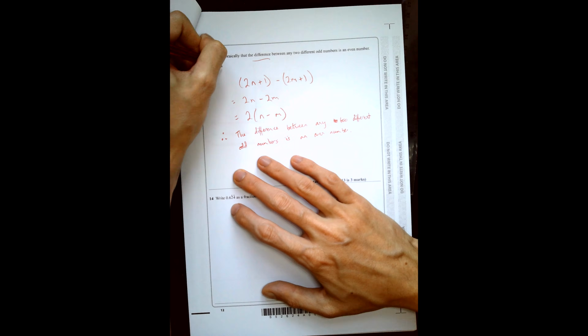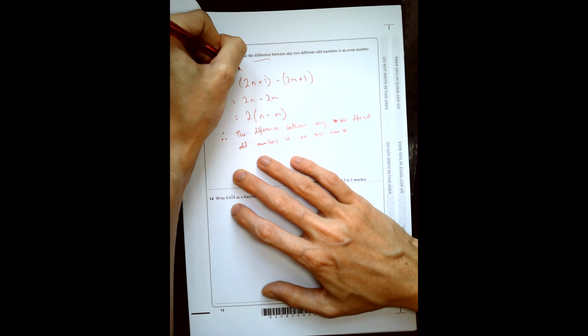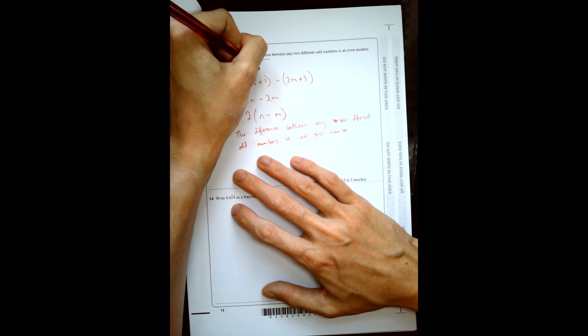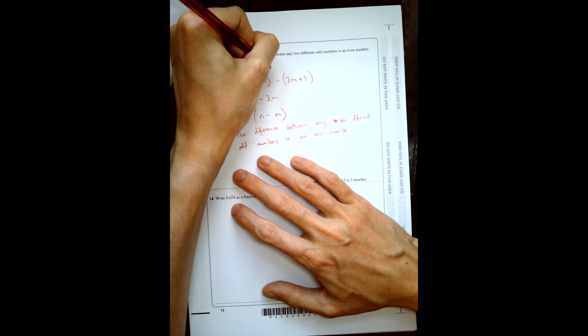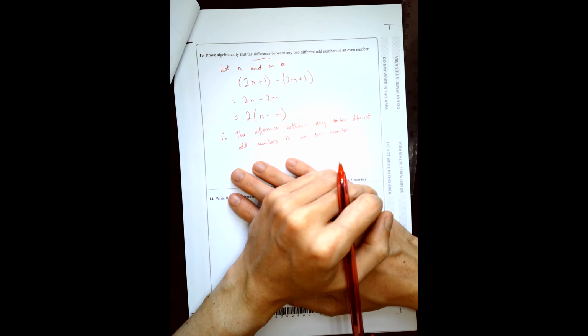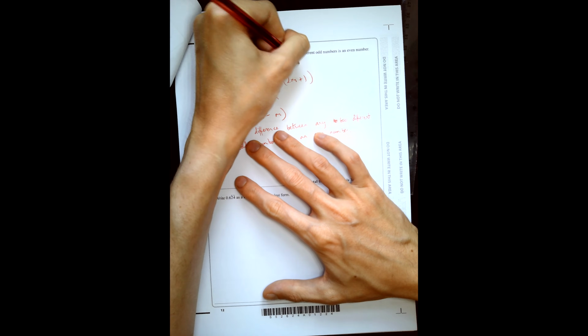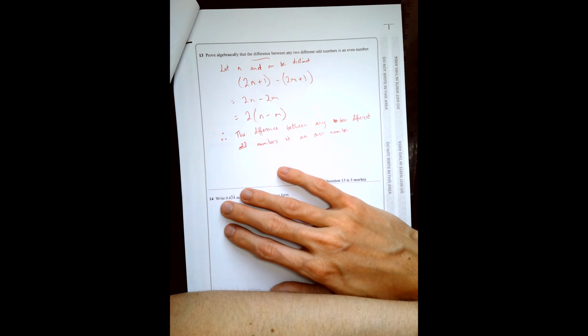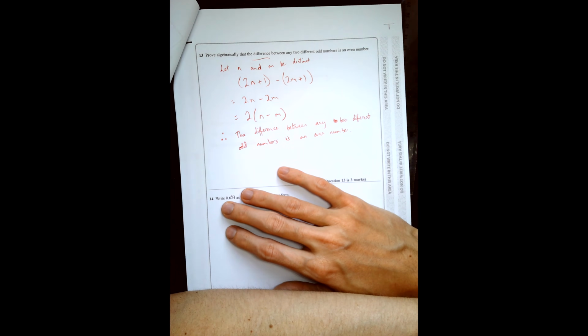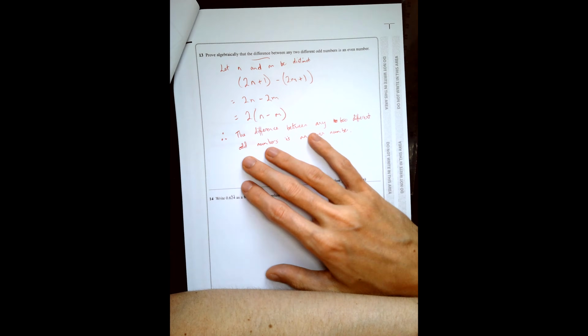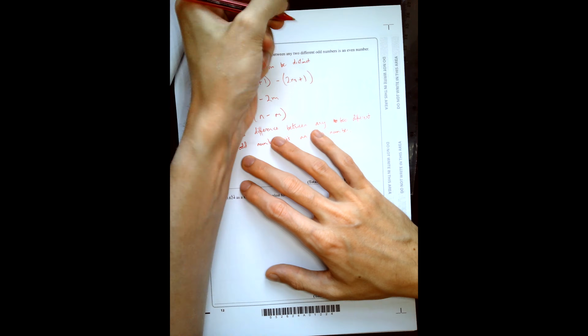And actually at the start I should have said let n and m be distinct, so that means essentially different, integers. Okay.